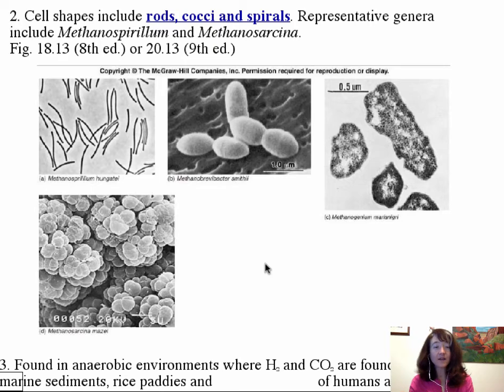But one area that they're not diverse is that they're always found in these anaerobic environments where hydrogen and CO2 are rich. Now, that's going to include things like rice paddies and marine sediments, any kind of anaerobic sediment in the mud. But it's also going to include our gut. Yes, our gut, the gut of us and other warm-blooded animals. We have a lot of methanogens.